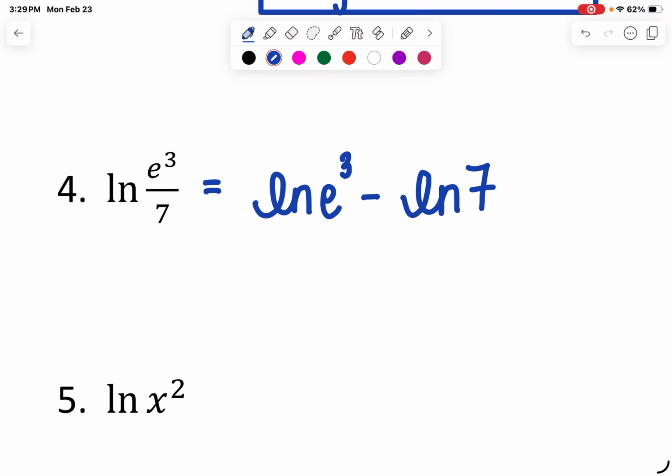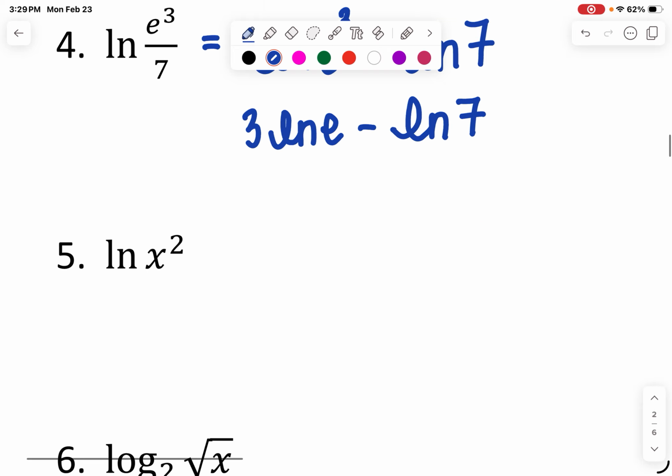The second log is fine because there's no multiplication, division, or exponents, but in the first log, there is an exponent, which I can bring in front of that log as a multiplier. 3 times natural log of e minus natural log of 7. And then I would be done if it wasn't for this natural log of e. Natural log of e, remember, the base on this is e, so it's asking me e to what power gives me e, which is 1. So this is 3 times 1, which is 3, minus natural log of 7.